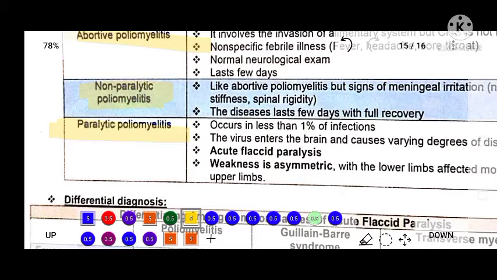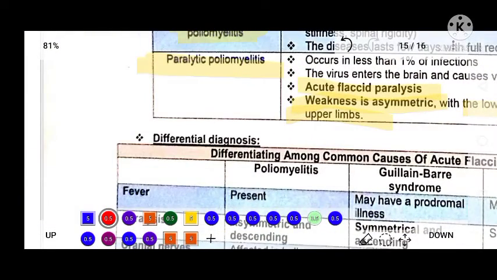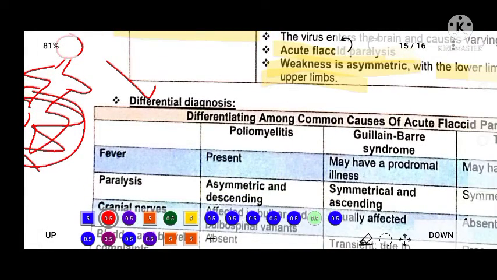In paralytic poliomyelitis, there is acute flaccid paralysis with asymmetrical weakness of the lower limbs, which affects the body more than the upper limbs. Means the lower limb of a person becomes affected more as compared to the upper limbs. So, polio typically affects the lower limb, and asymmetrical paralysis occurs in polio.